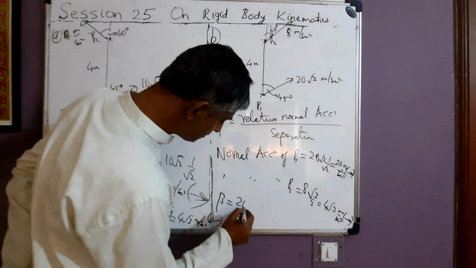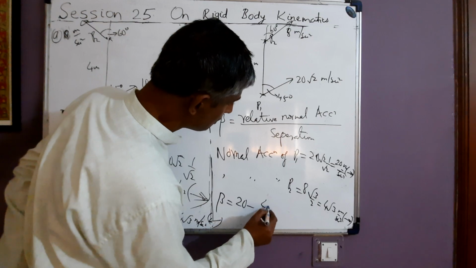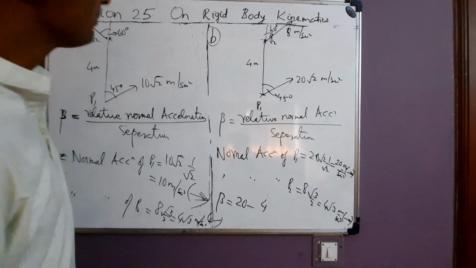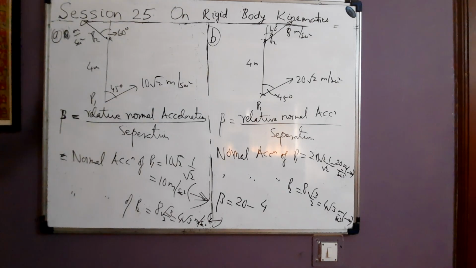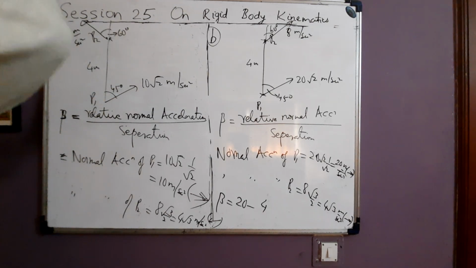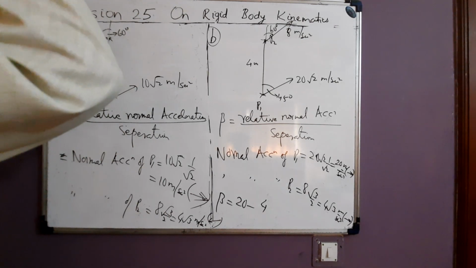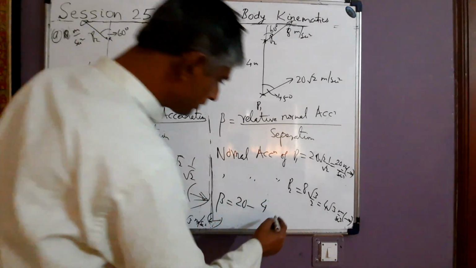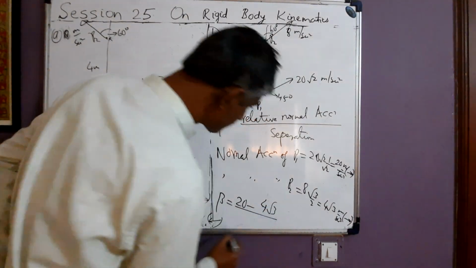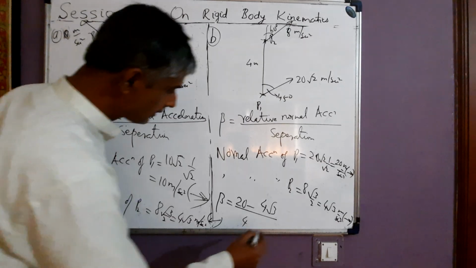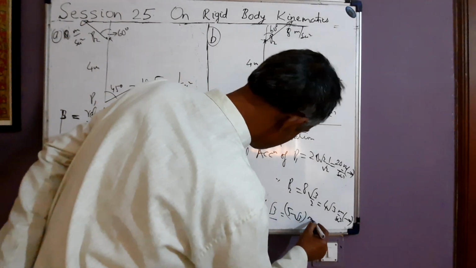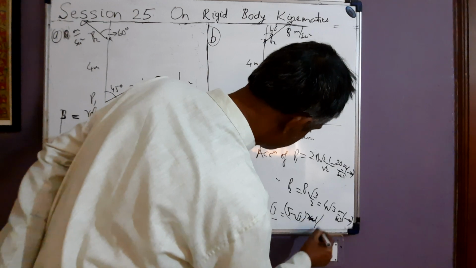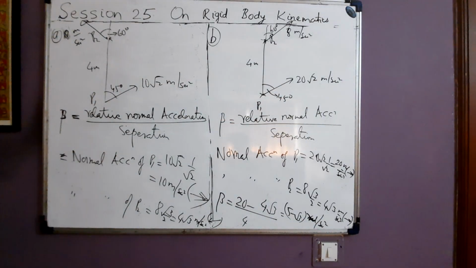So relative normal acceleration becomes 20 minus 4 root 3 upon 4. So this becomes 5 minus root 3 radian per second square. Okay, fine. Is it clear?